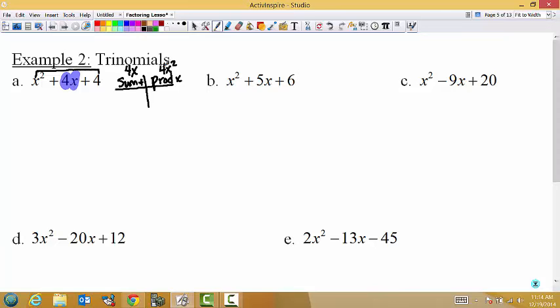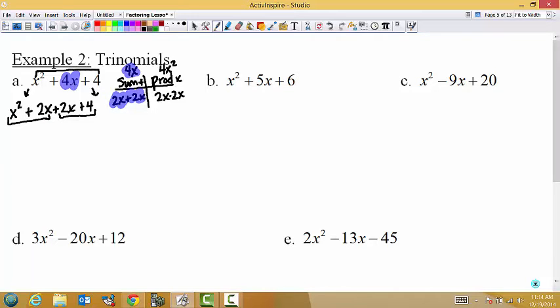Well, 1 times 4, 2 times 2, so it would be 2x times 2x is 4x squared. 2x plus 2x is 4x. So what I do is I replace the 4x with 2x plus 2x. So I bring the first one down, replace the middle with 2x plus 2x, and then bring down the plus 4. And then I group.